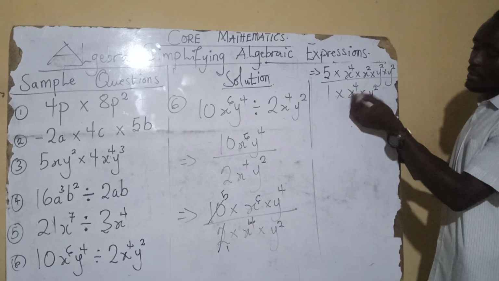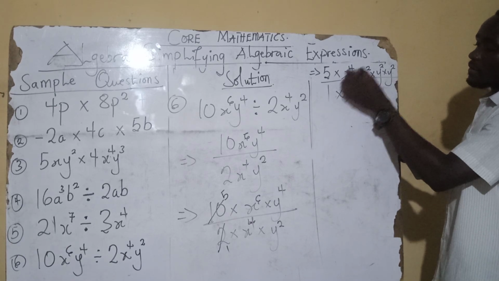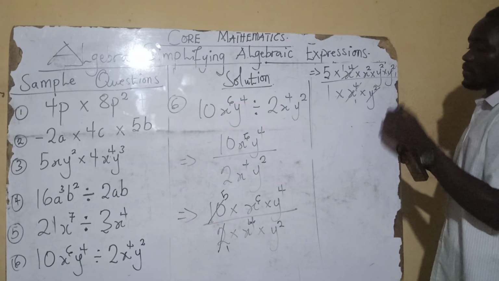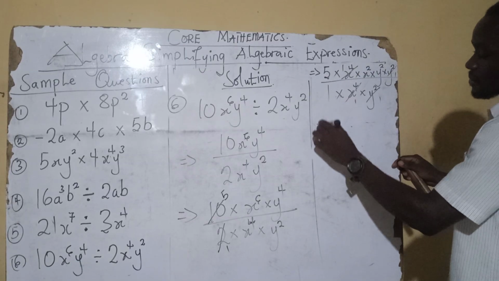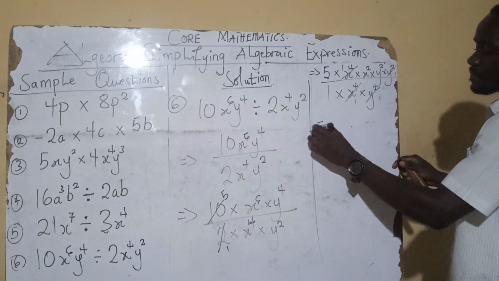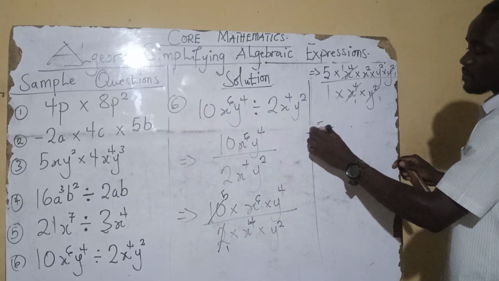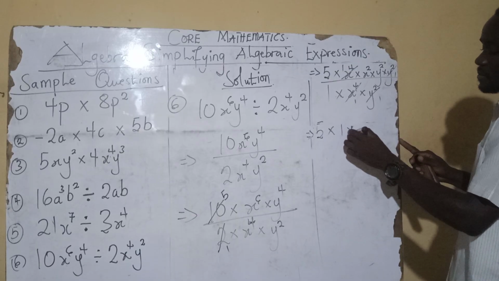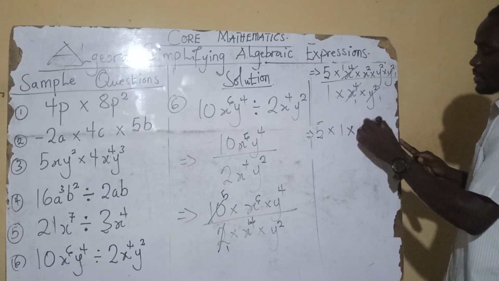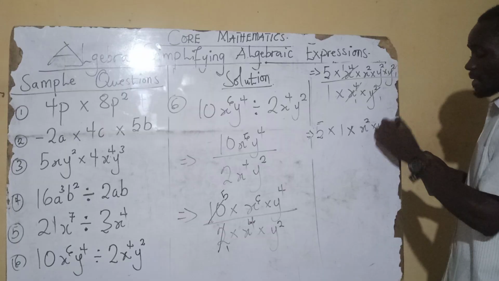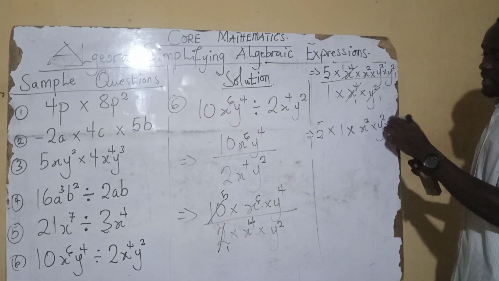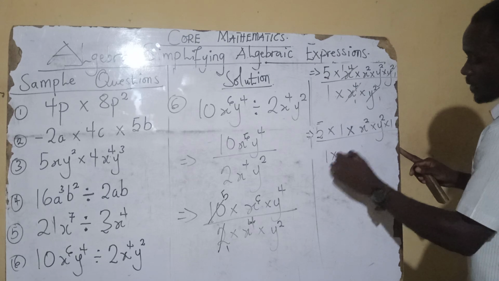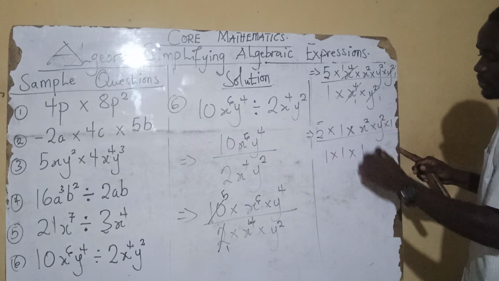Very good. So here this can get rid of this 1, and here too it can get rid of this by 1. So we are getting 5 by 1, 5 by 1 by x power 2 by y power 2, then by 1 as we have here, all over 1 by 1 by 1.